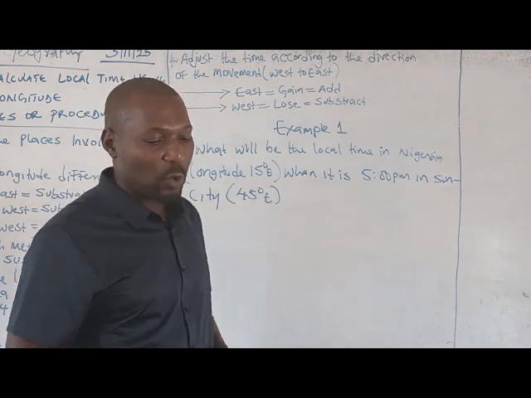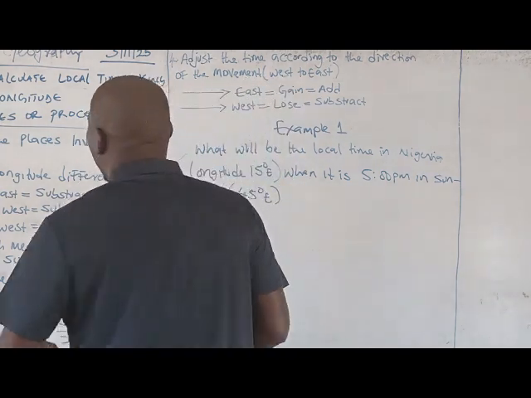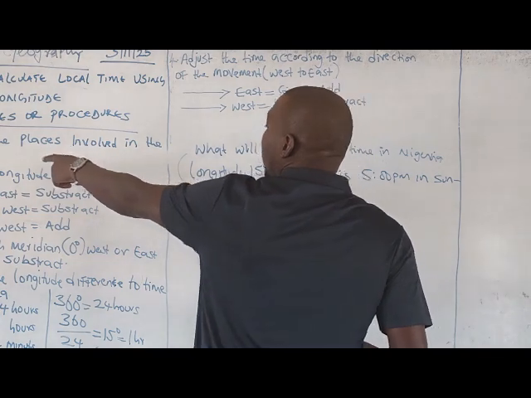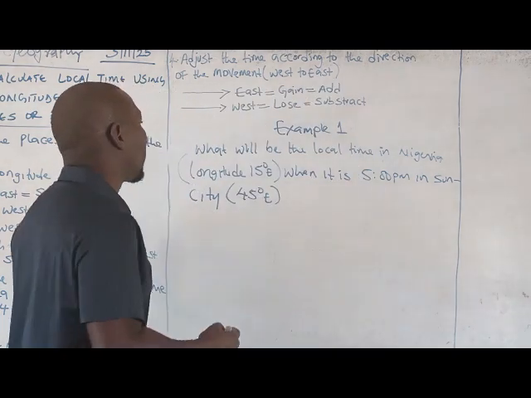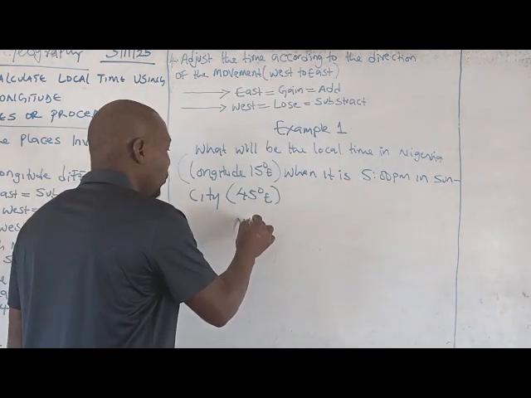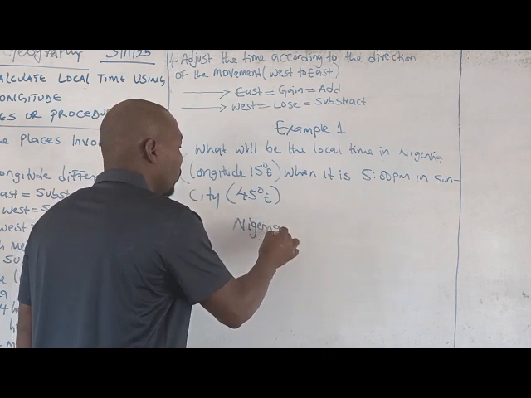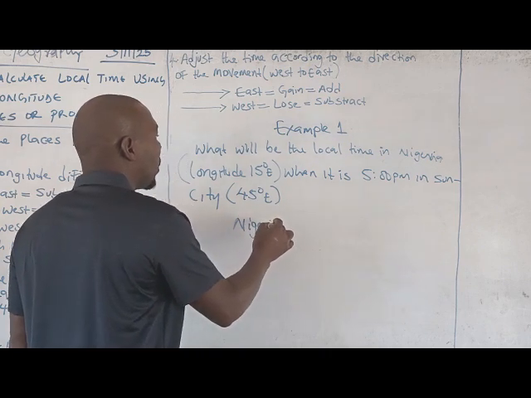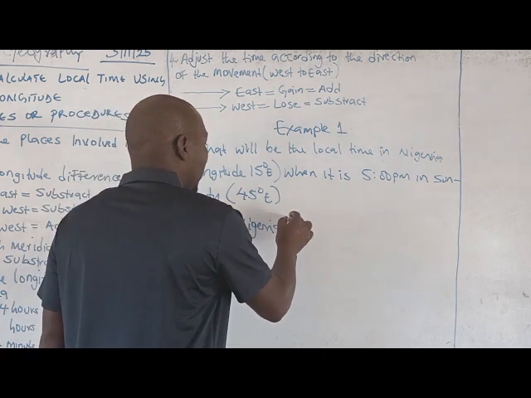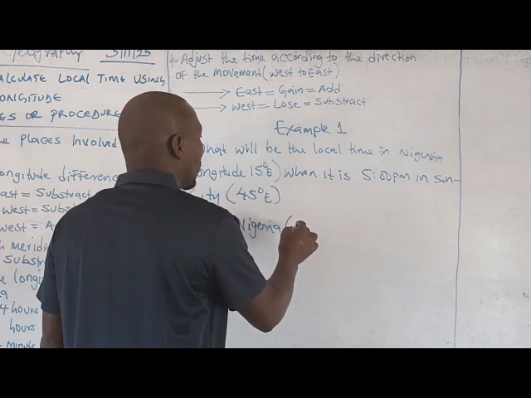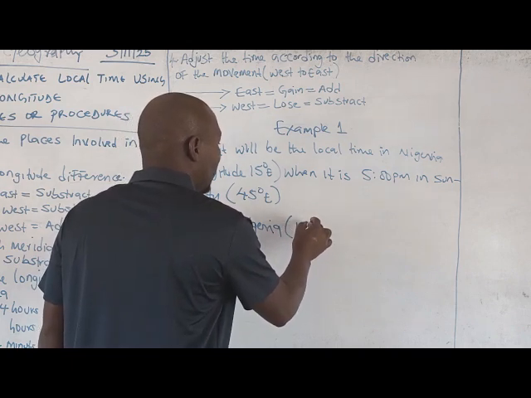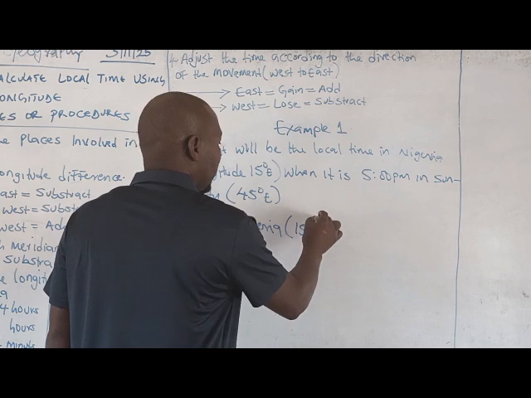So now we quickly go to the formula, rule 1. They say we shall locate the two places that it involves. You say Nigeria, longitude 15 degrees east.